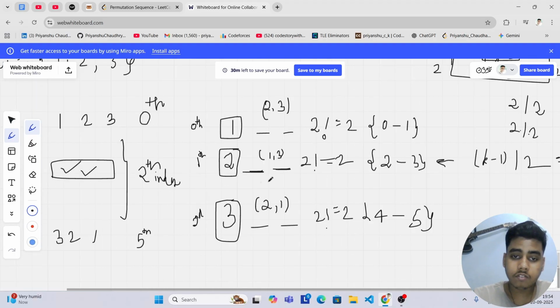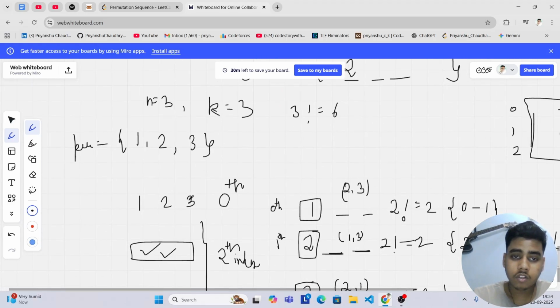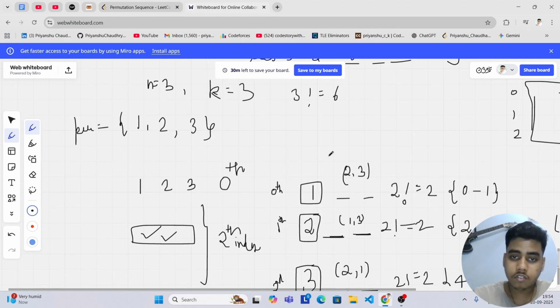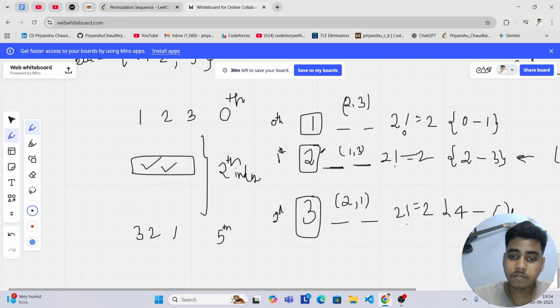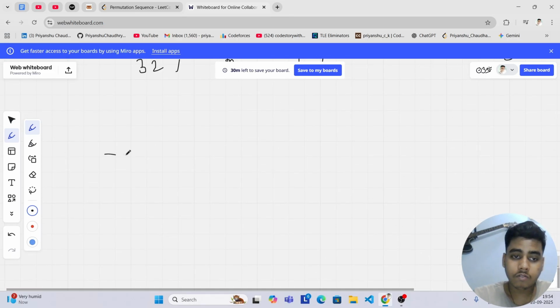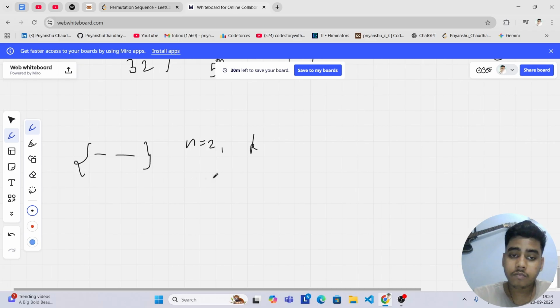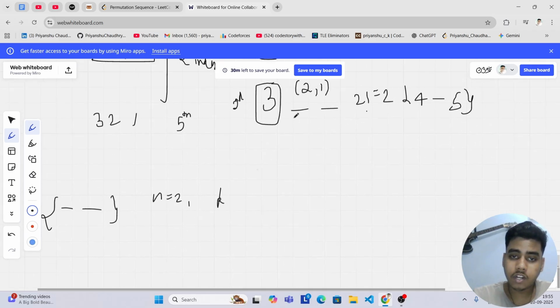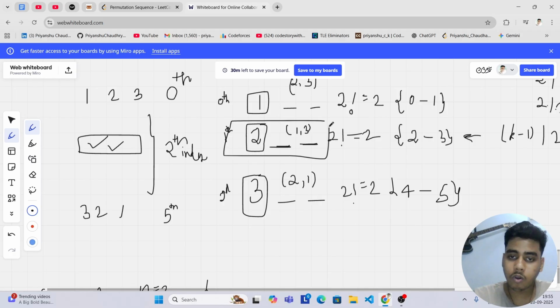So now we can see our problem is reduced. I have stored 2 because the starting element is 2. So now I have to fill only these 2 elements. So I can say that my n is 2, and I know that my first element is 2 and I have to fill these 2.